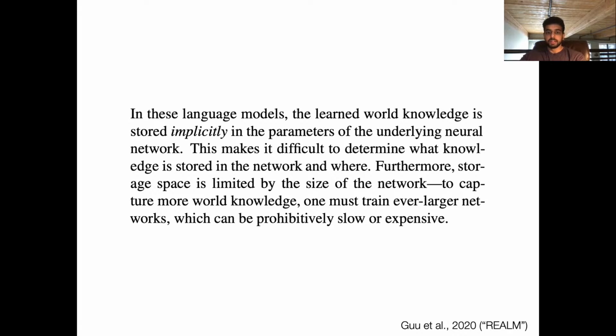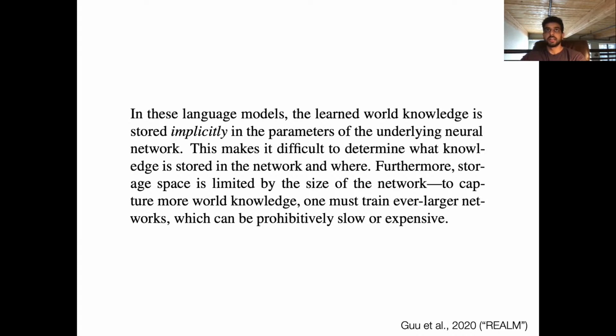First, we don't know exactly what is stored in the parameters of BERT, nor do we know where to look in the parameters for that knowledge. Second, our storage space is now bounded by the size of the model, right? The number of parameters.